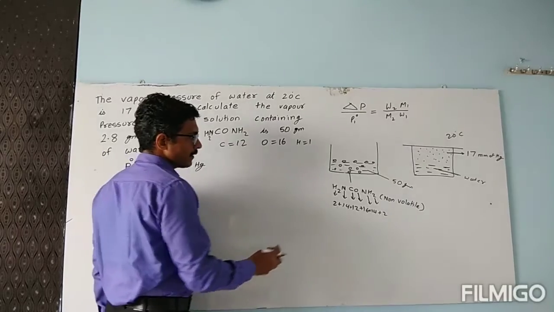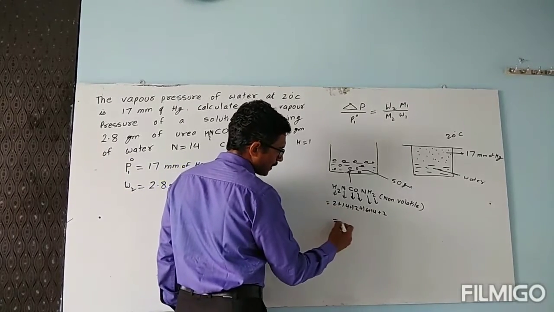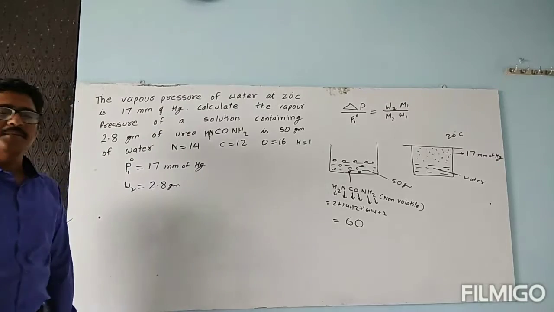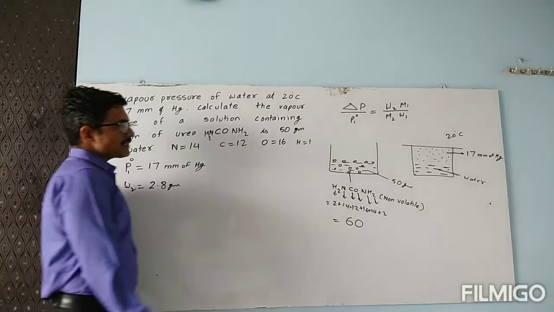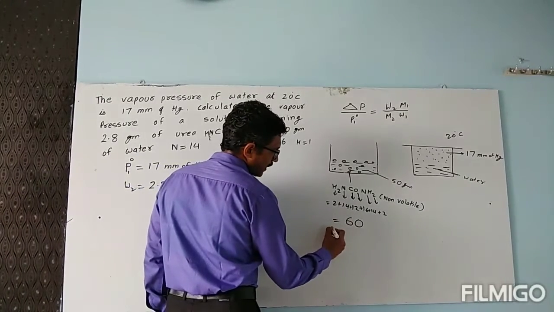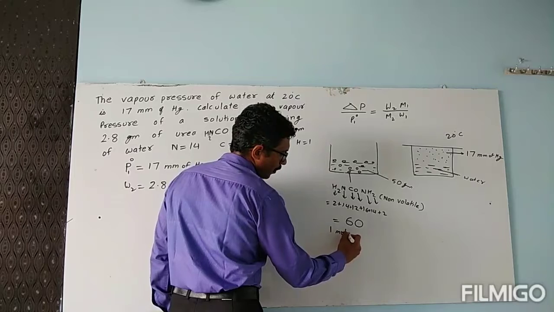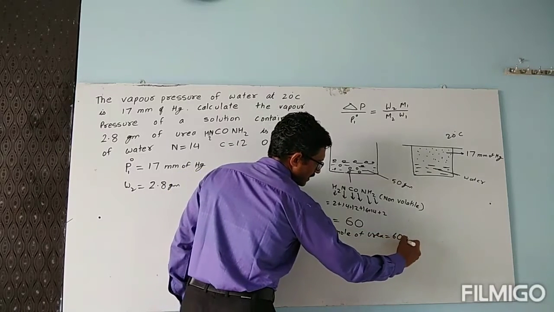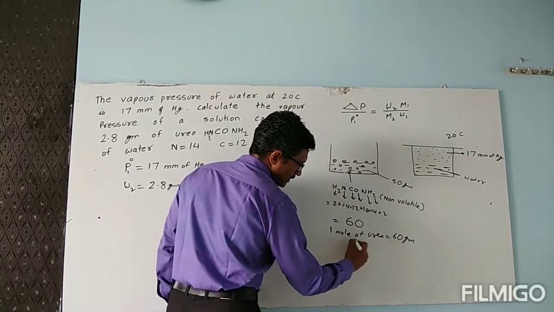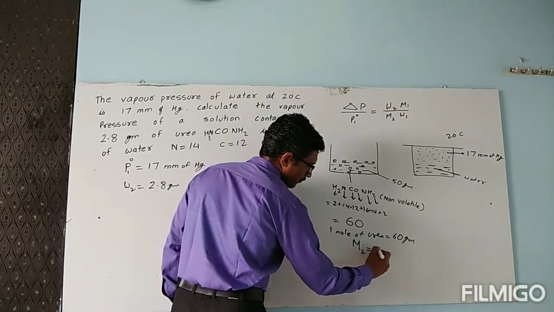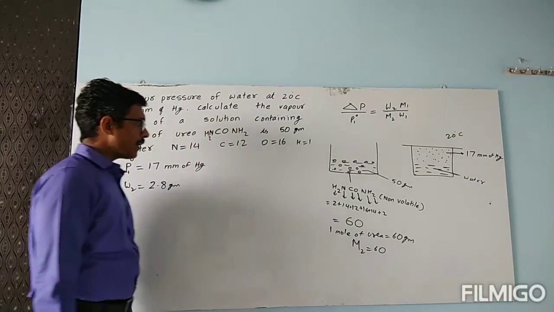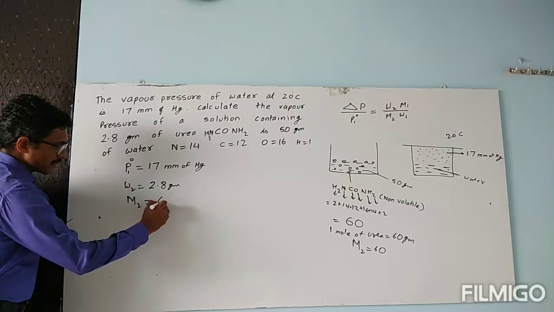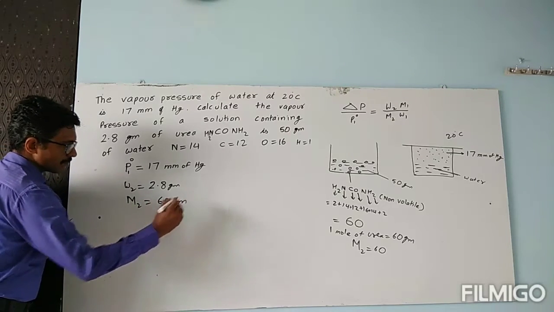Children, if you add it properly, it turns out to be 60 gram. This 60 gram is the weight of 1 mole of urea. You can say this is the molar mass of urea. Molar mass of urea, M2, is 60 gram.